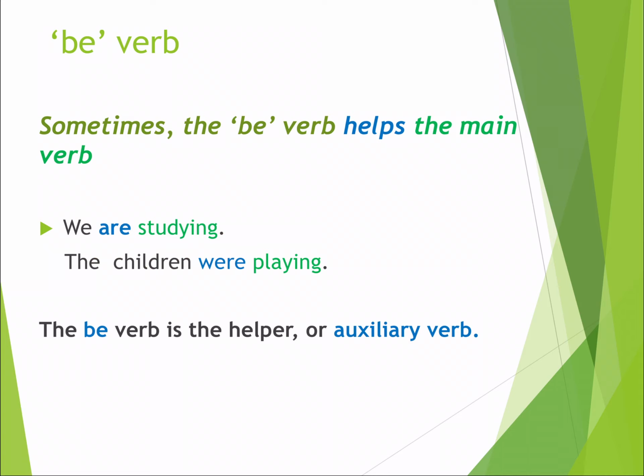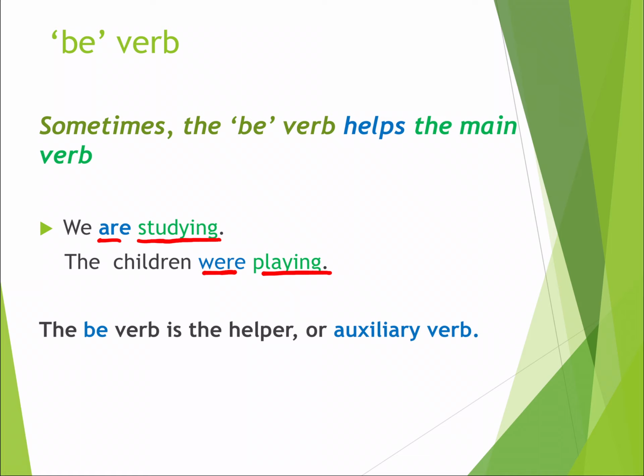So let's take a look at the sentences. The first one, we are studying. The be verb in blue is helping the main verb in green. The children were playing. The be verb in blue is helping the main verb. So the be verb, we call it the helper verb.